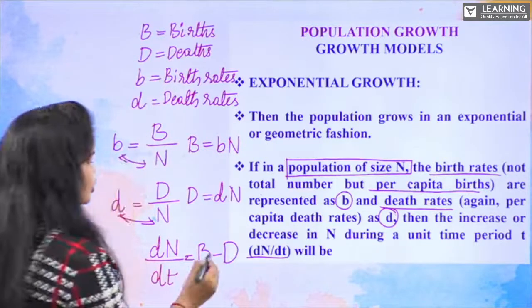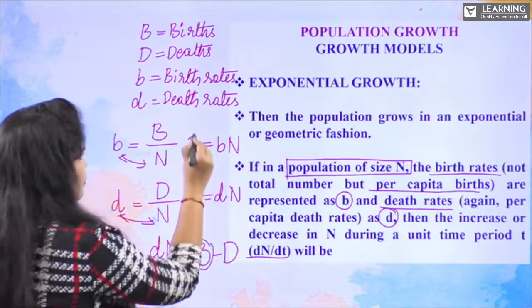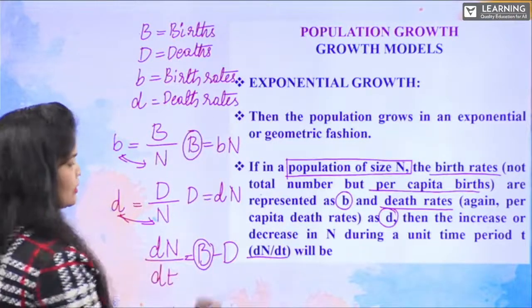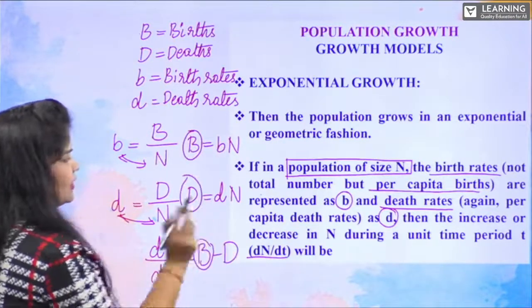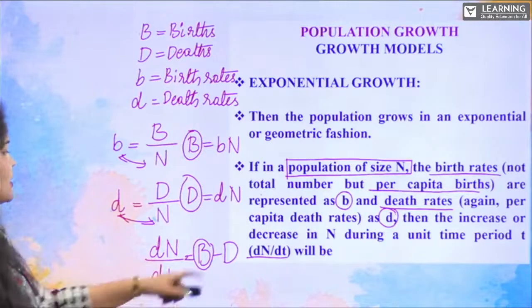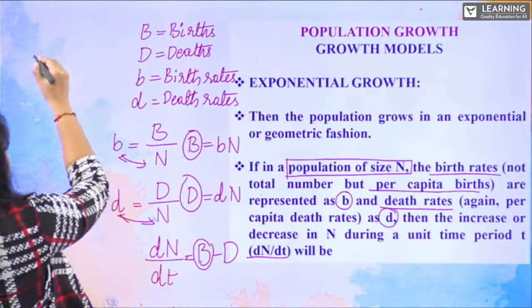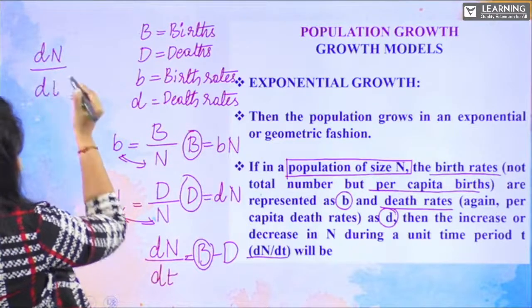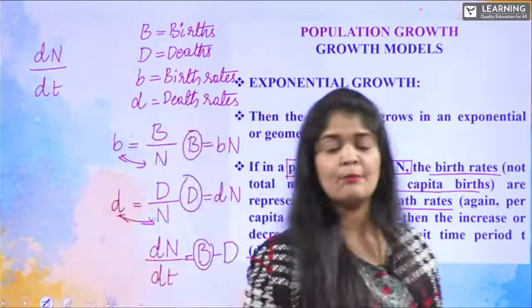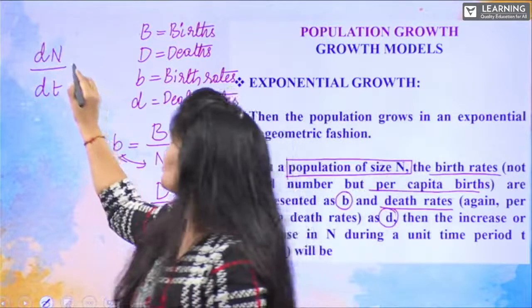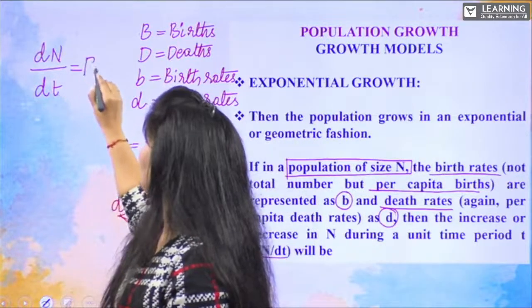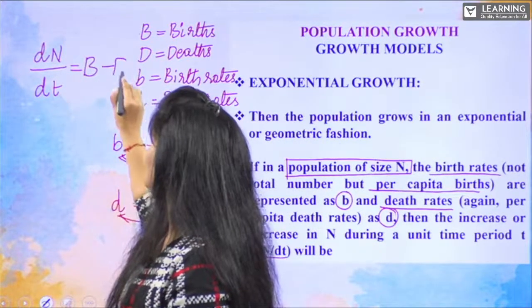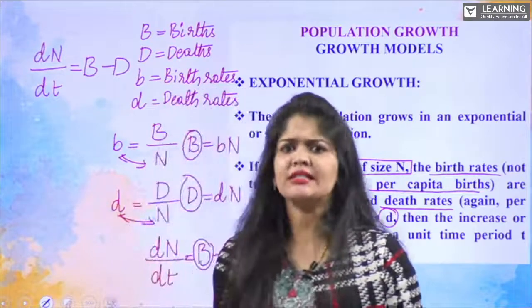But now you know what is capital B and what is capital D, right? Just substitute here. Change in population density by change in time is equal to capital B minus capital D, birth minus death.